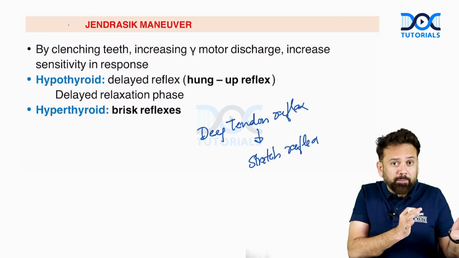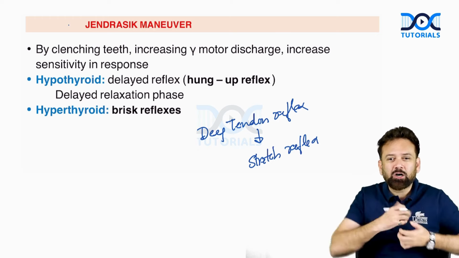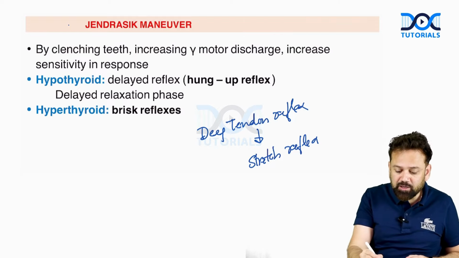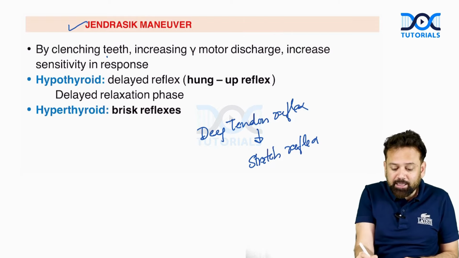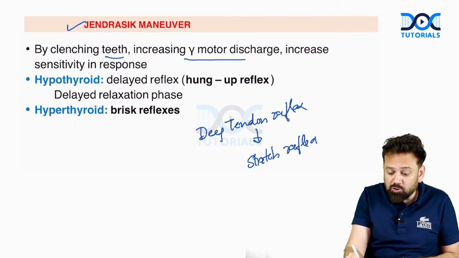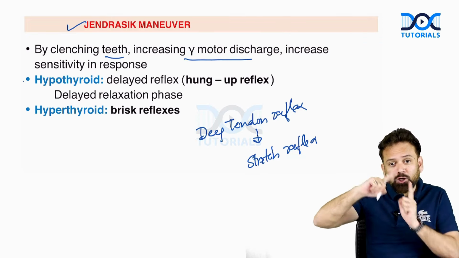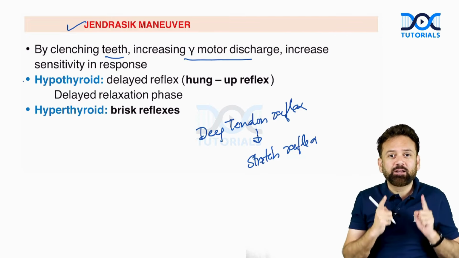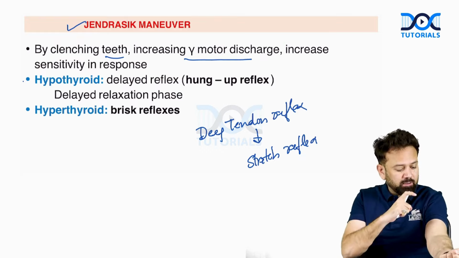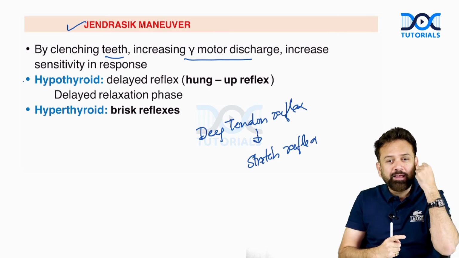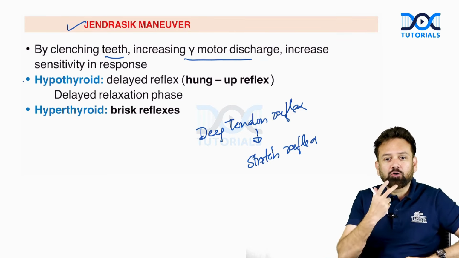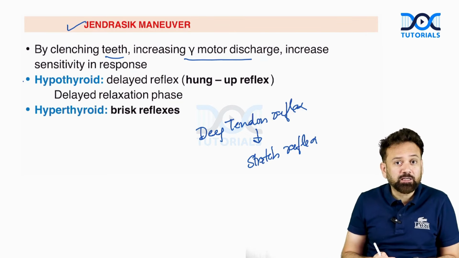And if they are not coming, why do we ask the patient to do like this or clench the teeth? It is called Jendrassik maneuver. By clenching the teeth, gamma motor neuron discharge will increase. So sensitivity will increase. So 1A and 2 will increase, muscle contraction will increase. So sometimes when reflexes are not coming, we ask the patient to do like that or clench the teeth so that contraction can be brisk.